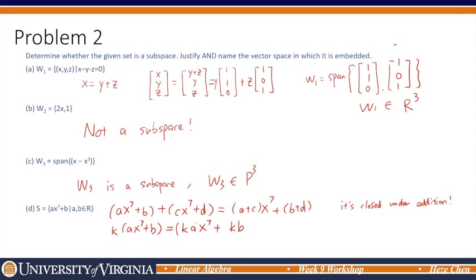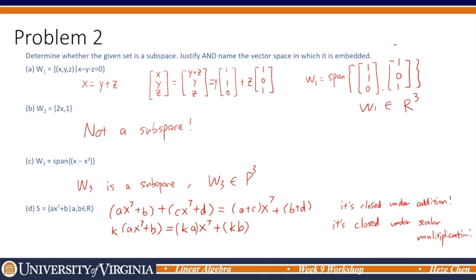If we set ka as the coefficient for x to the 7th and kb as the coefficient for the x to the 0 term, then the result will also have the same form as ax to the 7 plus b, which means it's closed under scalar multiplication.